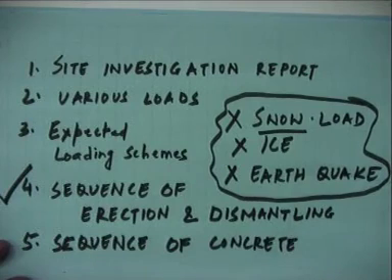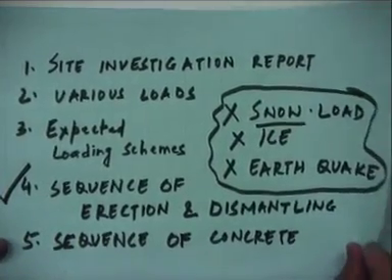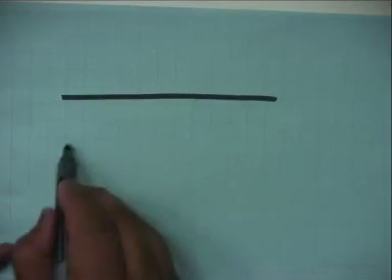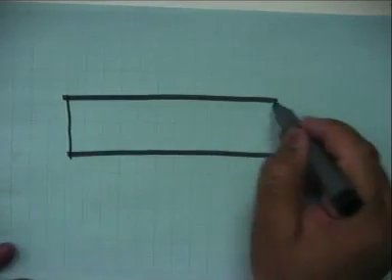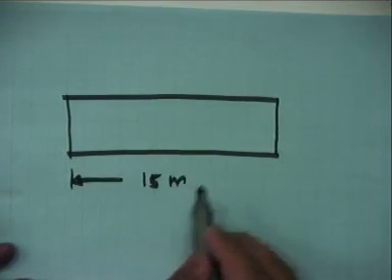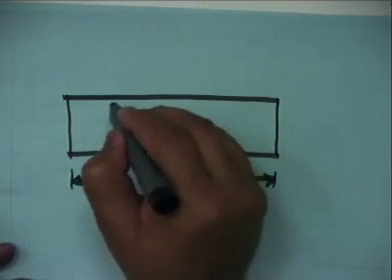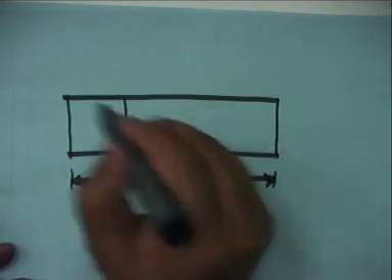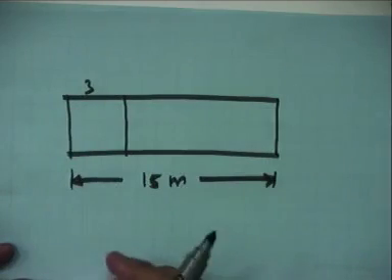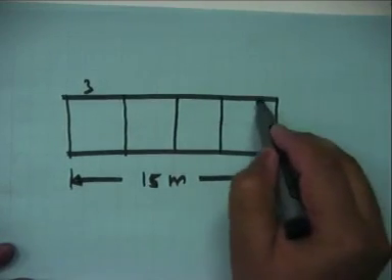As an example, I will tell you with the help of one sketch. Say you are wanting to construct a wall, like this. I am showing it in plan. Now suppose this length is maybe 15 meter. Now you first identify, you made a sequence that okay, for first 3 meter I am going to fill it completely, and then maybe in a step manner you are going to cast it.